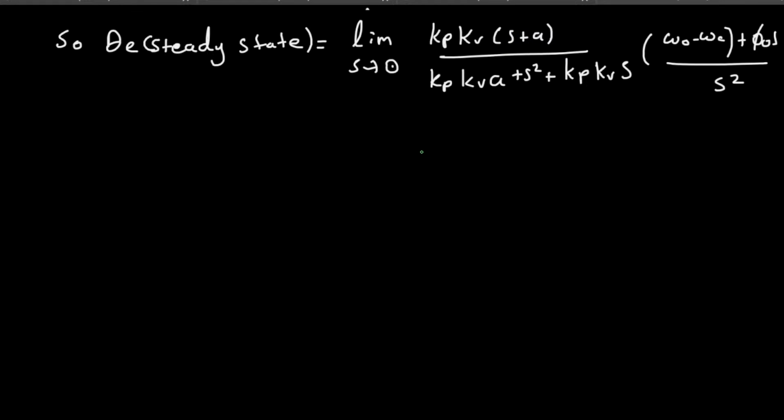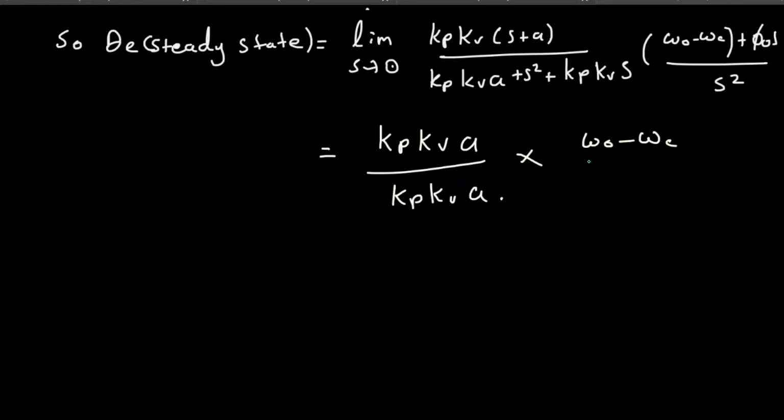So after it all becomes 0, this is going to be kp kv times a left, and in the denominator also kp kv a left, and on the other side we have omega naught minus omega c left, and the denominator is going to be 0.